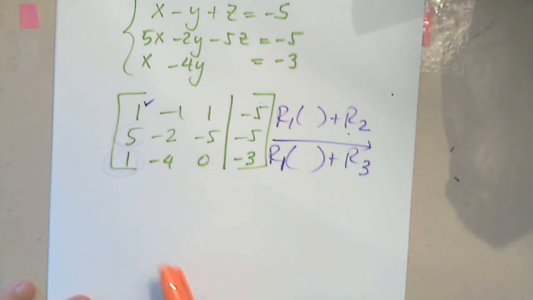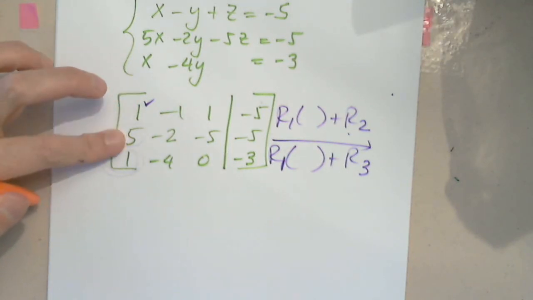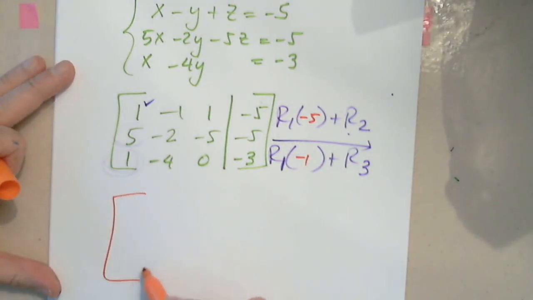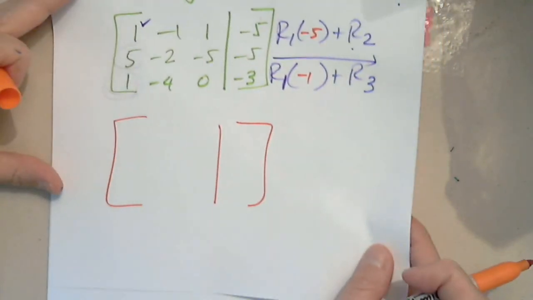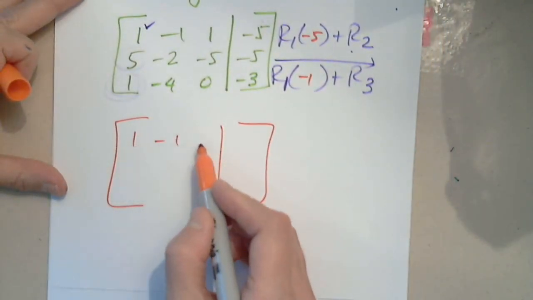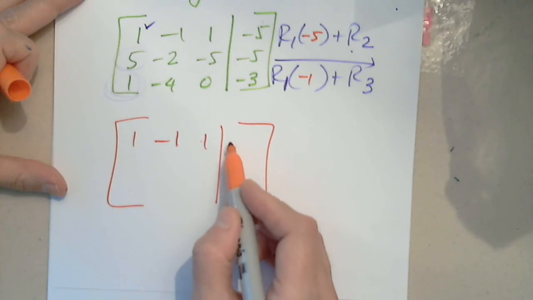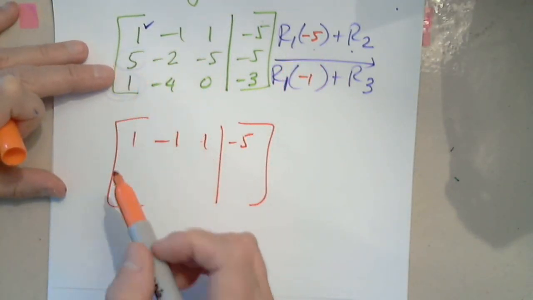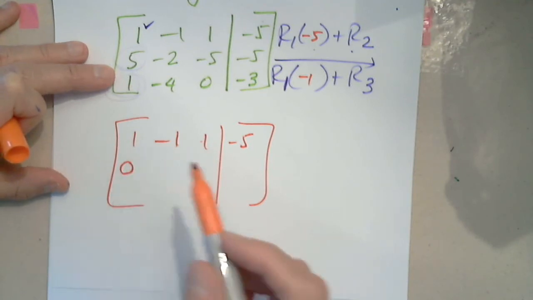Is to get the corresponding zeros in each row. So what do I multiply? Negative 5. And that's it. Which row do I copy? 1. Very good. So I have 1, negative 1, 1, and negative 5. Negative 5 times 1 minus 5, it better be 0, otherwise I'm in trouble.